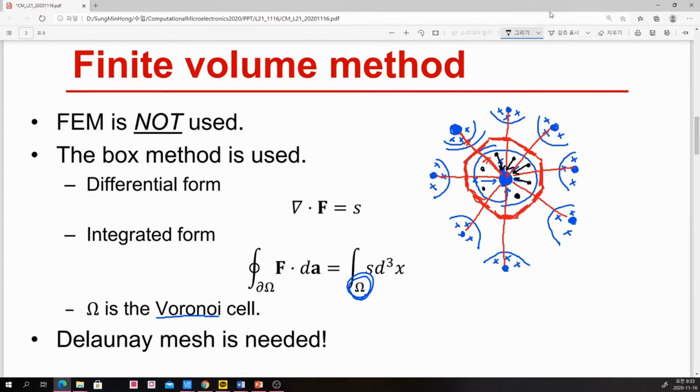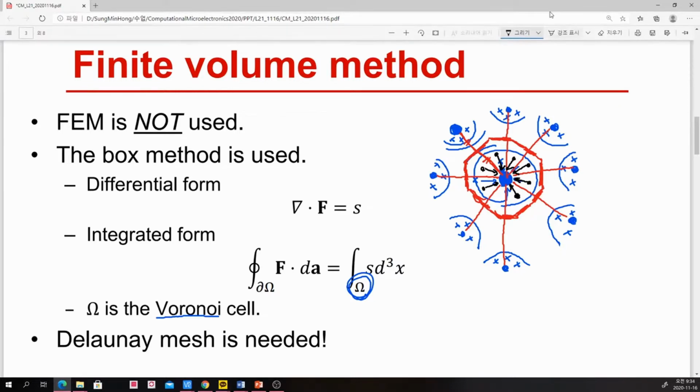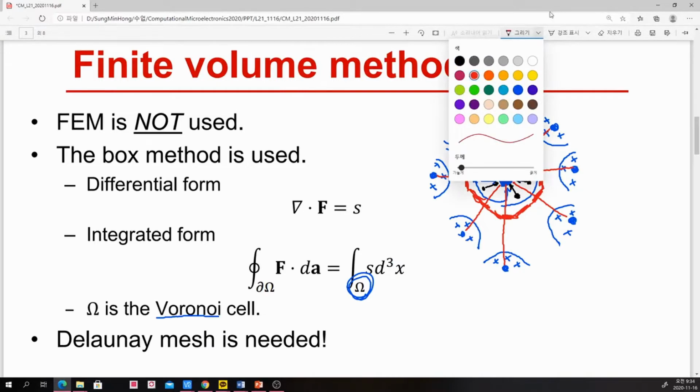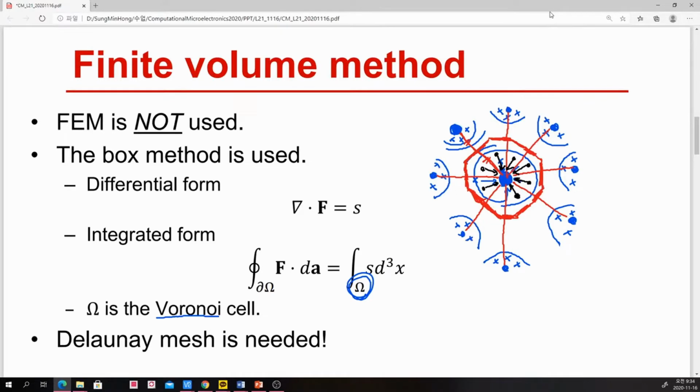All of these black points belong to the center blue point, the blue node. So you can easily understand this procedure. If you want to find the Voronoi cell, all points inside our space whose closest node is the center node are given in this way.